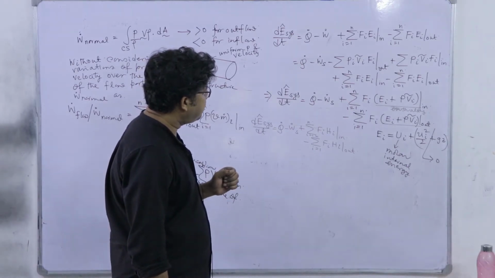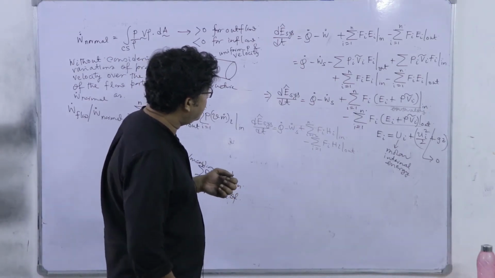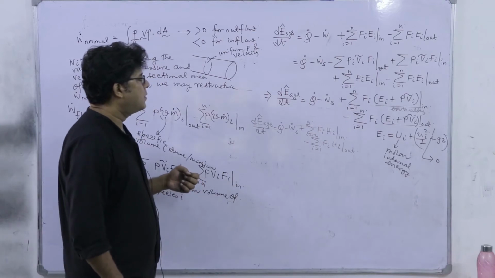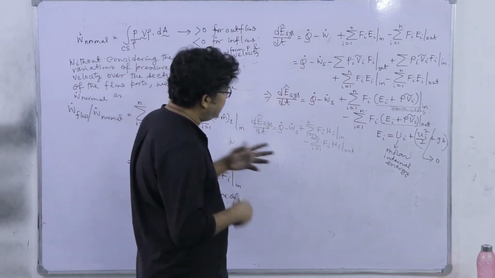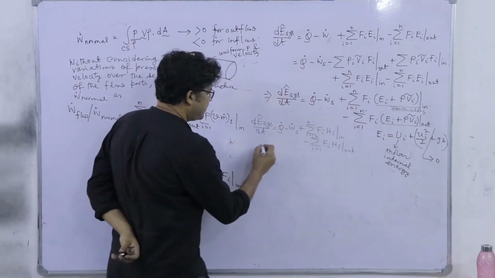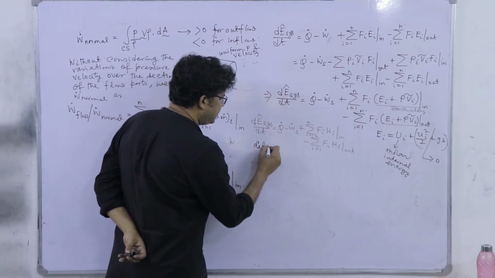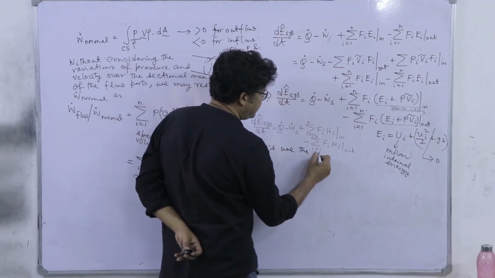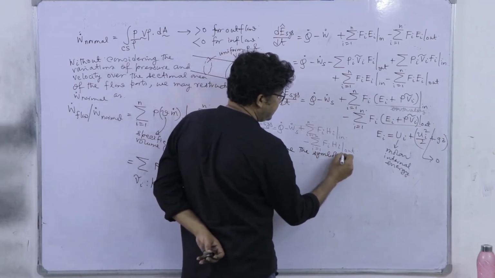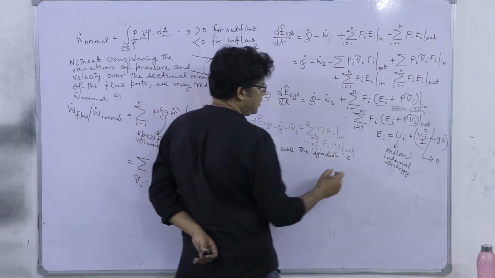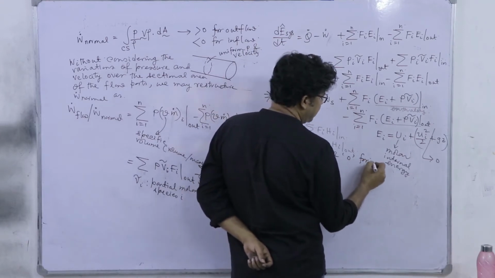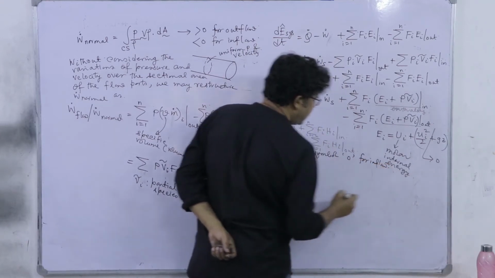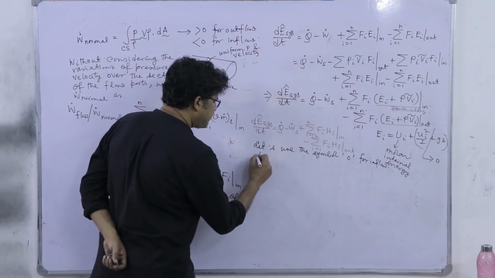So generally what happens, let's not write this in and out repeatedly. Let's use the symbol 0 for inflow, and we can differentiate it.